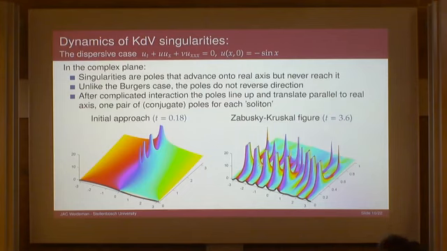For example, if you look here, maybe the colors are not so great. You see, when they come in from infinity, they are poles of single multiplicity. When they end up in the Zabusky-Kruskal picture, they're poles of double multiplicity, and that's consistent with traveling wave solutions in the periodic case, which have a form of sech squared, and those have poles of double multiplicity.